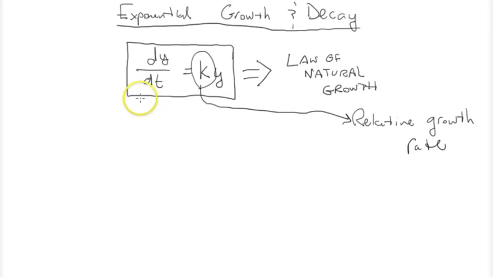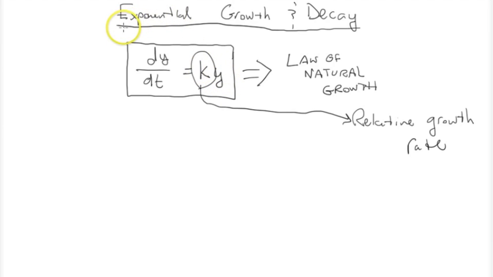So you've still got the same differential equation, because it is an equation with a derivative in it. And it also applies to things like radioactive decay, where the amount of radioactivity in something is decreasing, and the rate at which it decreases is proportional to the amount present.